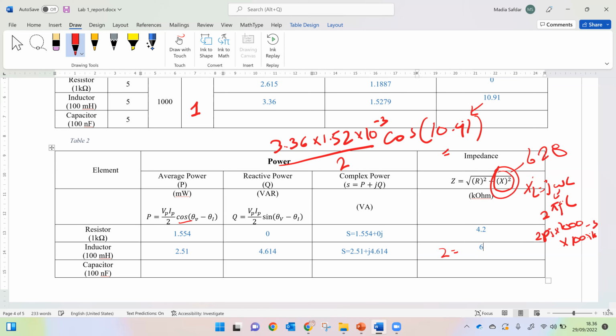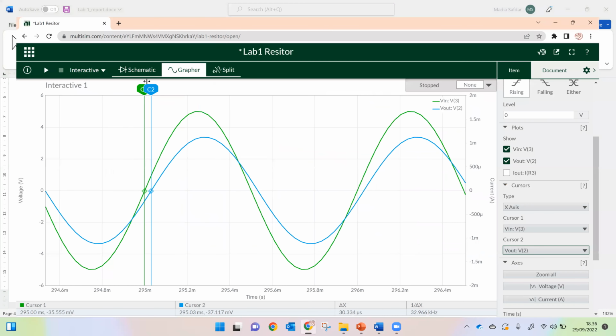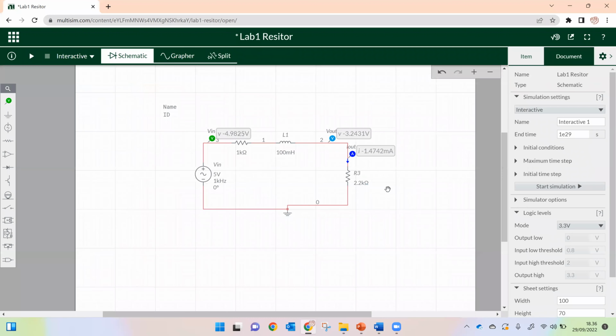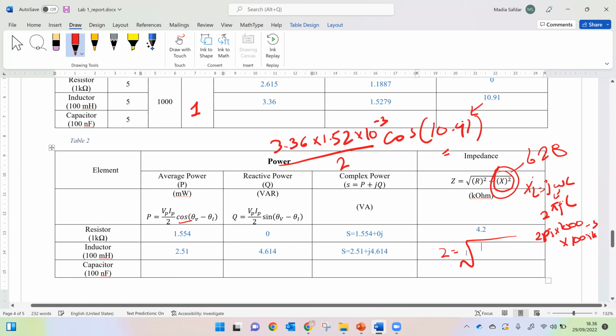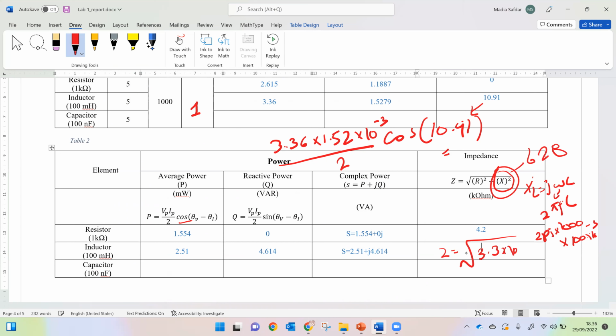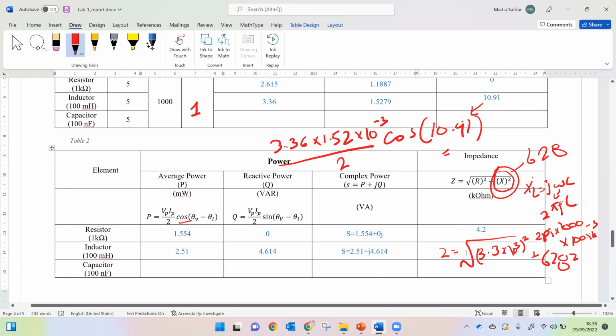So now Z is equal to the square root of R squared plus X squared. So R is how much? 1k plus 2.2k. It will be 3.3k. So it will be the square root of 3.3k squared plus 628 squared. How much will it be? 3359.